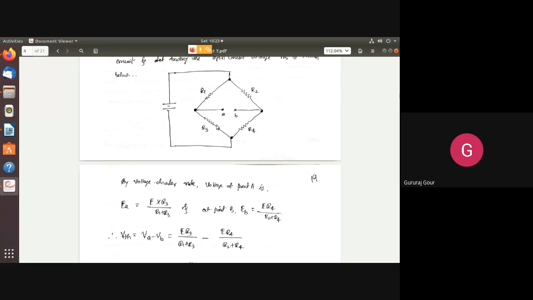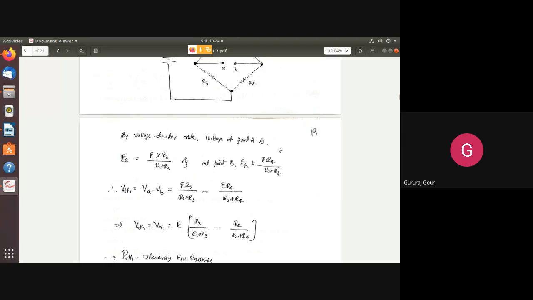That is one resistance you can take. Similarly, the voltage at point B is V equal to I into R. What is the current? E divided by R2 plus R4 is the total current, flowing through R4. So that will be EB.